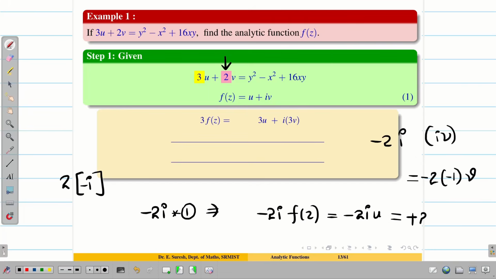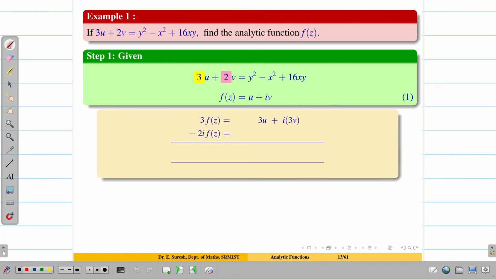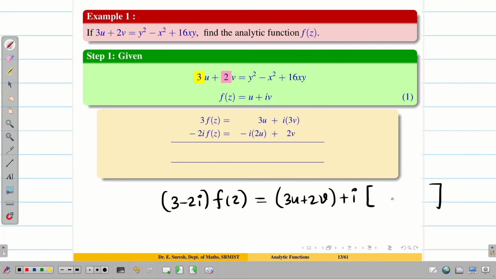So we get minus into minus plus 2v. Therefore, minus 2i into f of z is minus i into 2u plus 2v. If you add both, we get 3 minus 2i into f of z is equal to the real part 3u plus 2v plus i into 3v minus 2u.